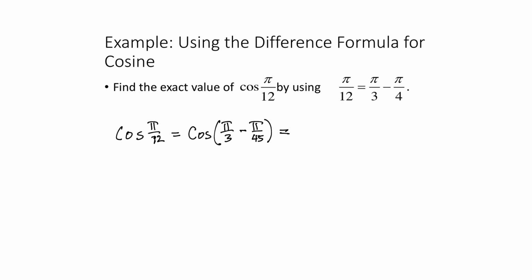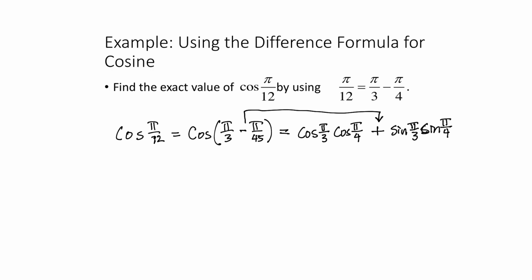Remember, with the cosine, we have the difference formula for cosine. We go cosine of the first angle times cosine of the second angle. And with the cosine difference formula, the sign is going to be the opposite, so we're going to add the sine of the first angle, pi over 3, times the sine of the second angle, pi over 4.